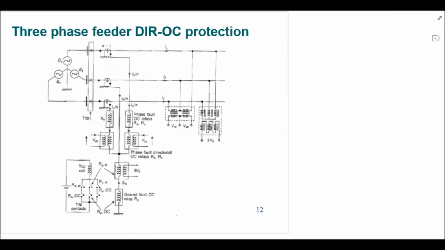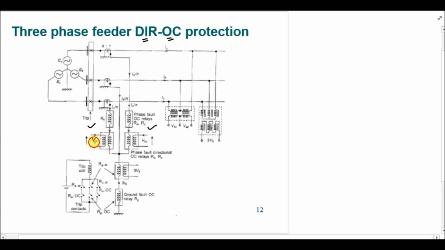Now we will move on towards the three-phase feeder protection, and in the three-phase feeder protection we are using directional as well as overcurrent relay. So we have to provide protection to the three-phase feeder. So we have used two phase relays.